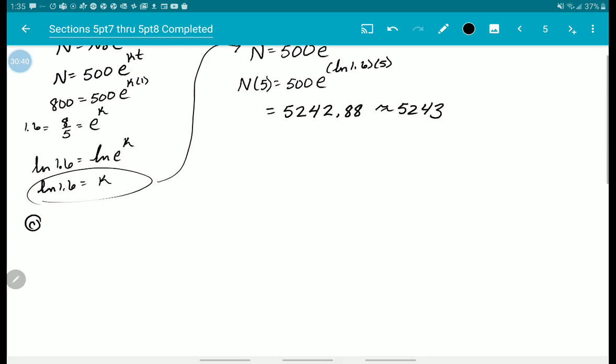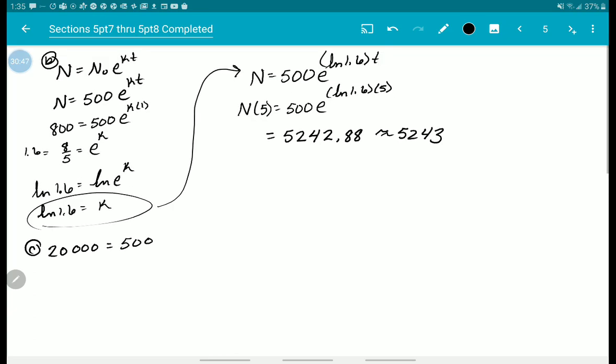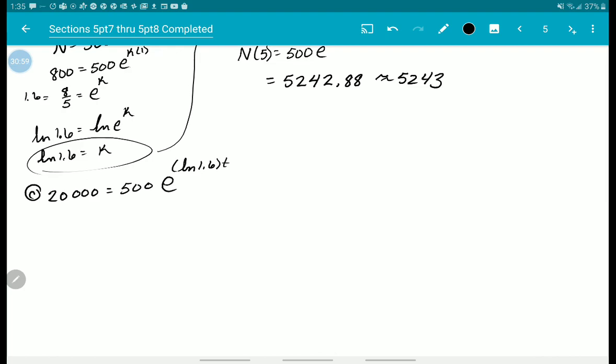So C is asking how long before you have 20,000 bacteria. So we're going to set 20,000 equal to our equation. That's our N. Divide both sides by 500. And that's going to give us a 40. Take the ln of both sides.